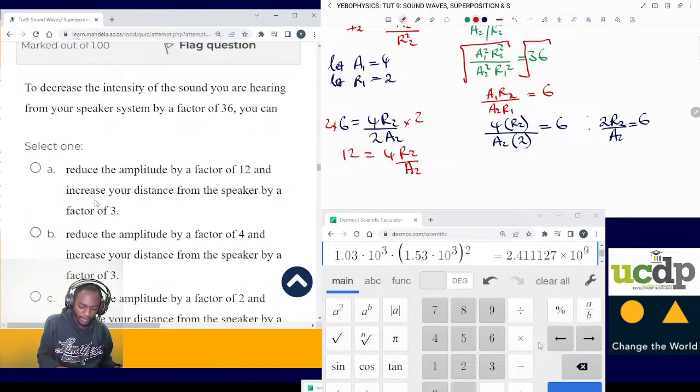Dividing by 4 on both sides, 3 is equal to R2 over A2.